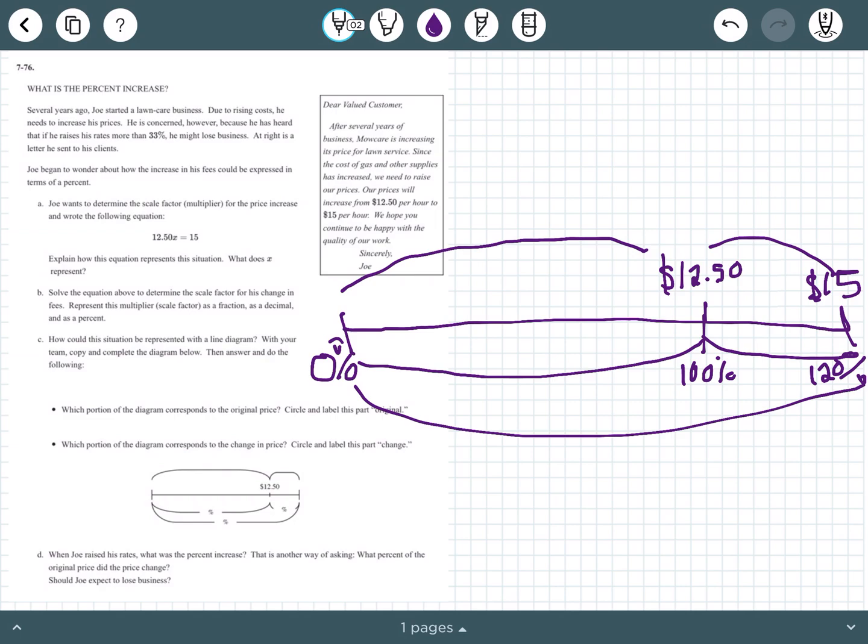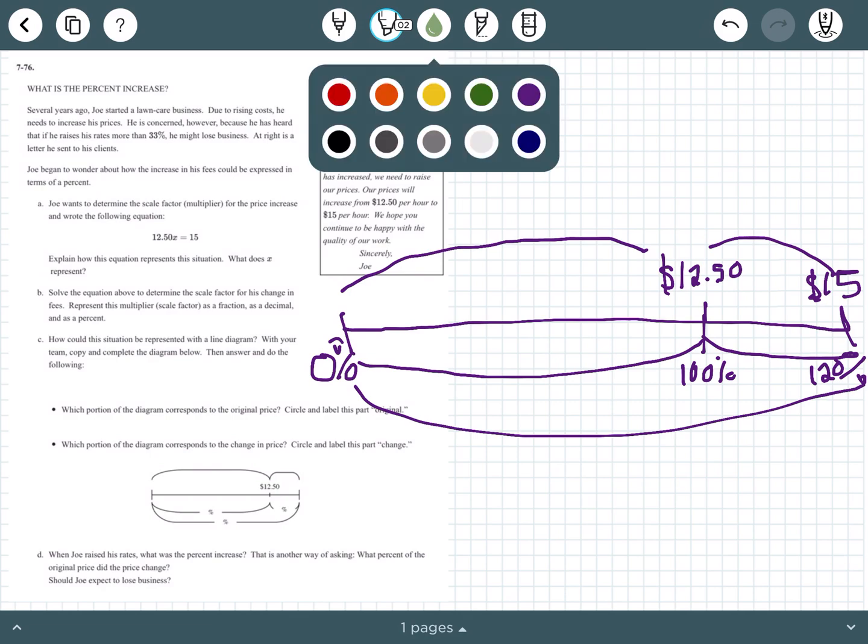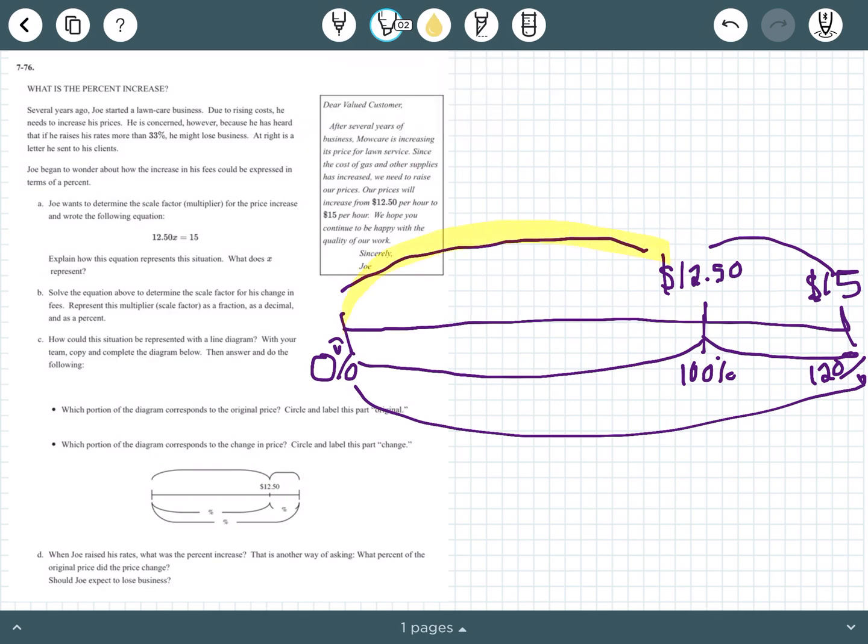I want to go back to my bullet points and determine what I have answered. First, which portion of the diagram corresponds to the original price? The part of the diagram that corresponds to the original price is going to be this part, because the original price was that $12.50. The second part is which portion of the diagram corresponds to the change in price. Circle and label this part change.